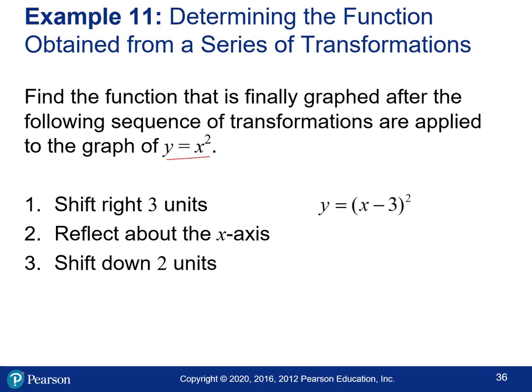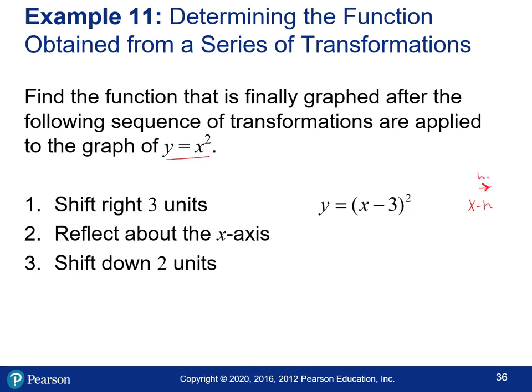Our first transformation makes our function x squared look like (x minus 3) squared, because remember, if we're going right, it's x minus that number h, that's how many units we're moving to the right.